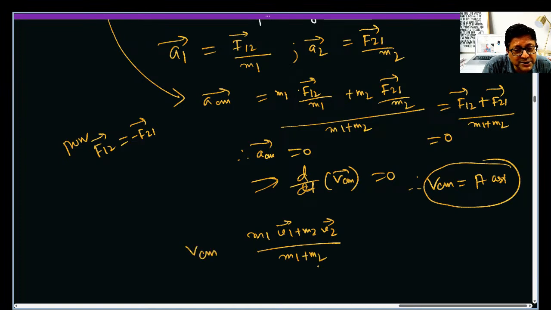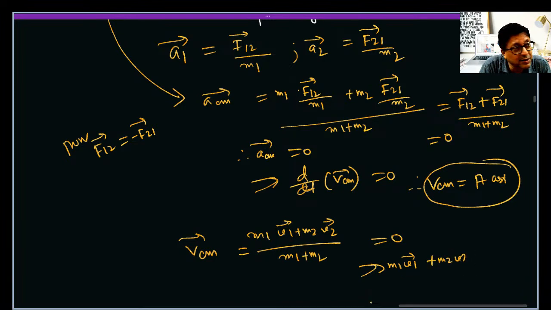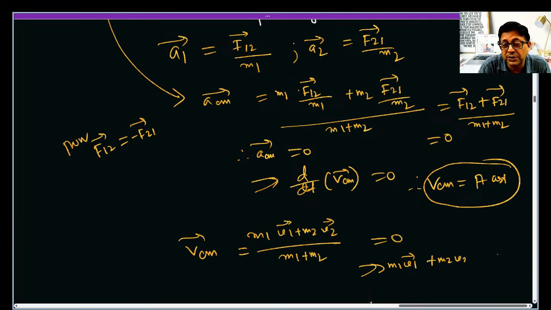You said this VCM will be 0 in absence of external force. VCM 0 means M1V1 plus M2V2 equals 0. Now physics starts; it is not mathematics only, the concept is also there. Could you explain? What is the physical significance?